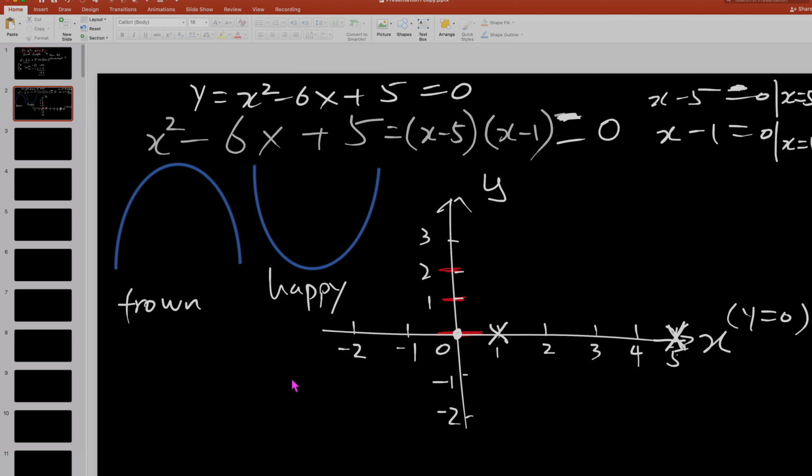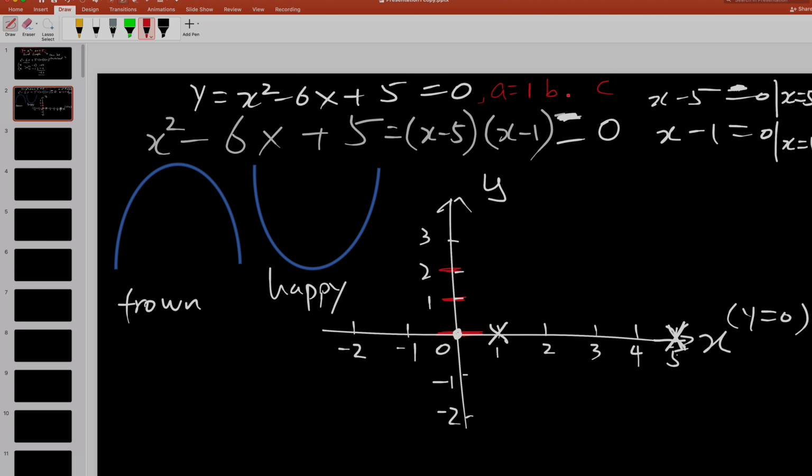Okay, so you need to decide whether it's frown or happy. How do you decide? It's determined by the A. That's why it's important to know what is A, B, and C. So the A in this case is what? Just now you key in, A equals to what? 1.